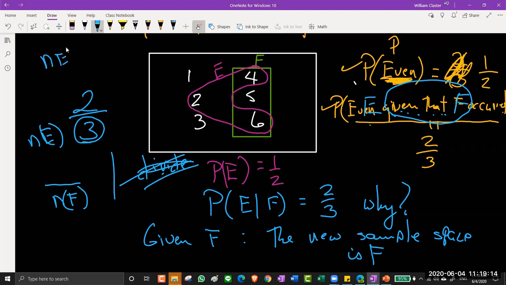Because N of E is 2, 4, and 6. N of E is 3, right? That's not right. We can't put 3 there. So what do we have to put there, in terms of the symbols? The intersection between E and F. Yeah. We want N of E, but not all of E, only the part of E that is in F. Does everyone agree with that?